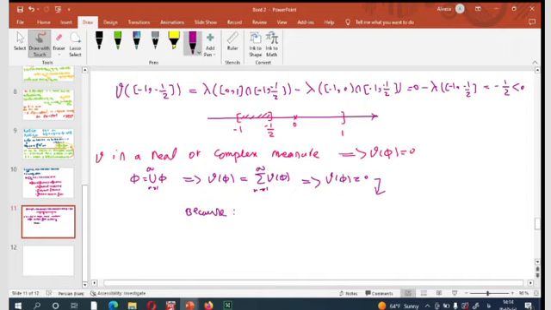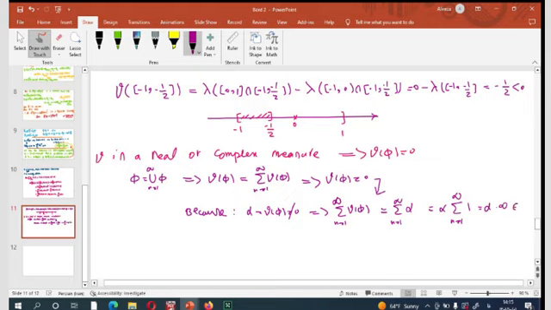Because if alpha, or mu of the empty set for example, is non-zero, this summation equals this summation, and this is not an element in the real numbers or complex numbers.